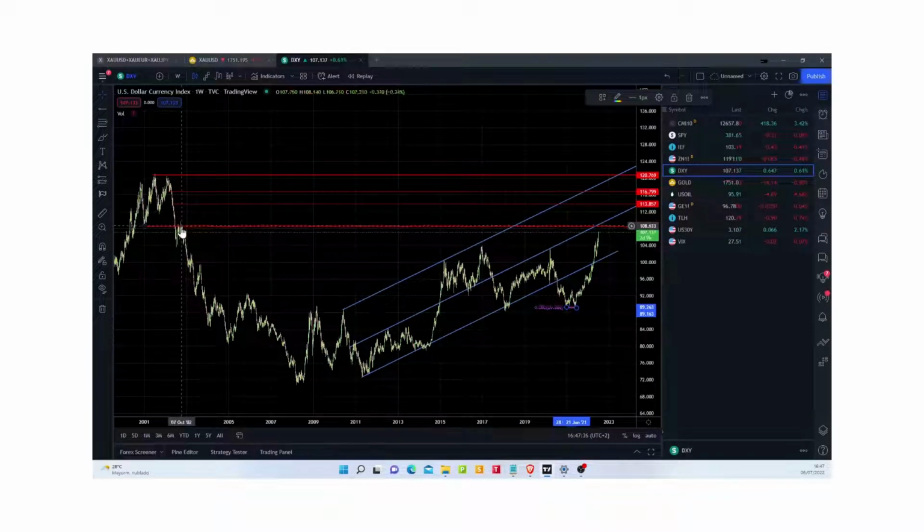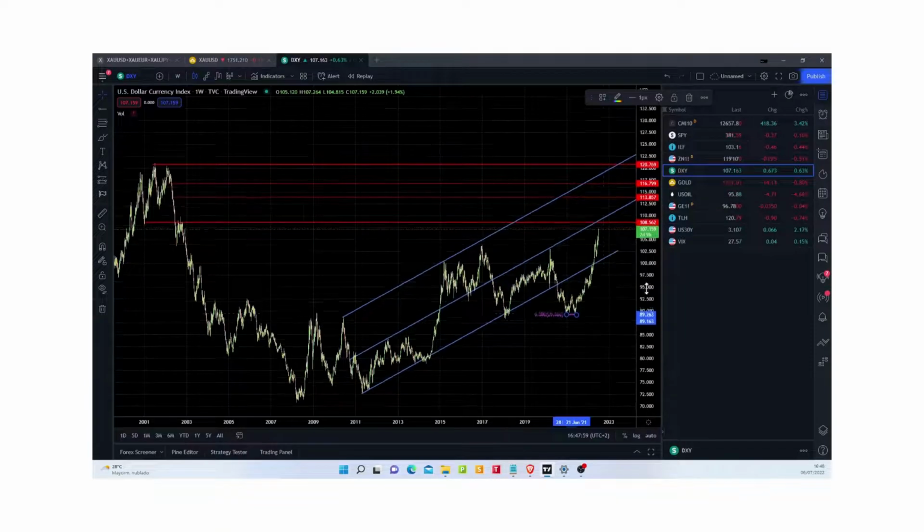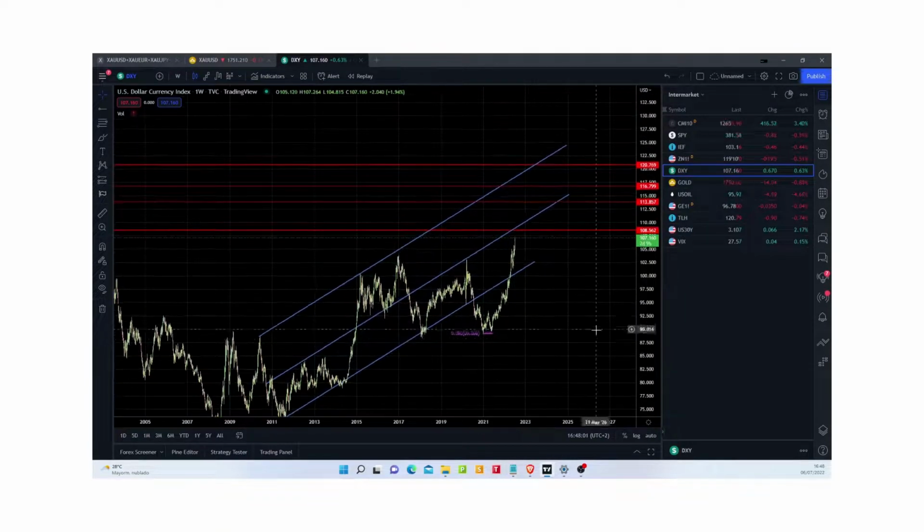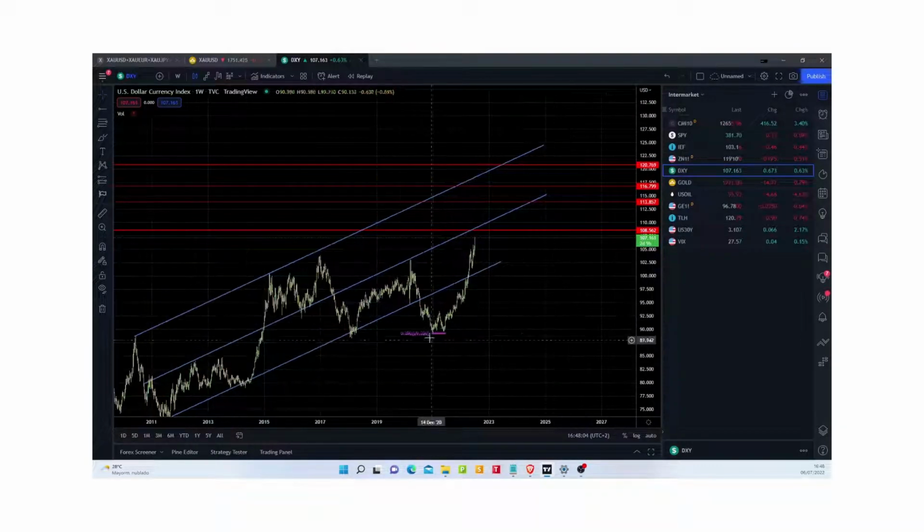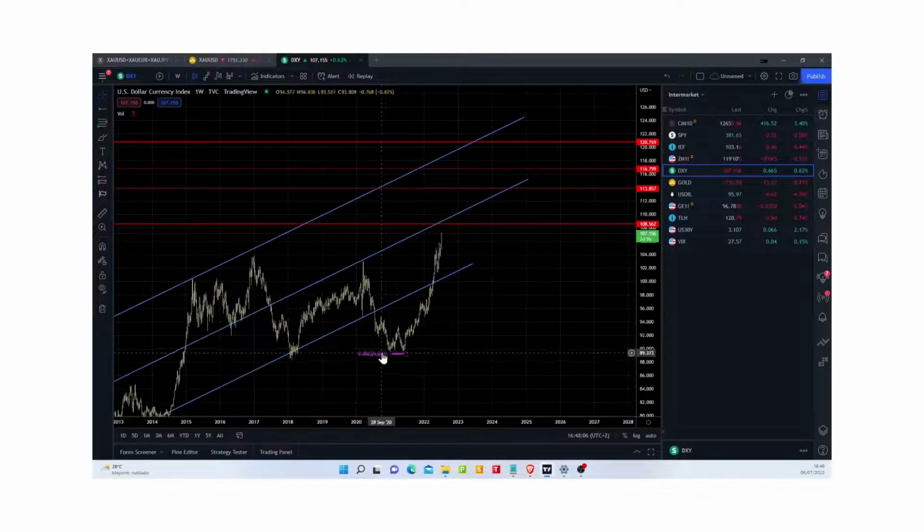One is just above here, overhead resistance at 108.72. We'd have two layers of resistance here at 113, 116.80, and then corresponding to the top in 2001 at 120 for the DXY. So plenty of room up to go. This would be negatively translated into the price of gold.